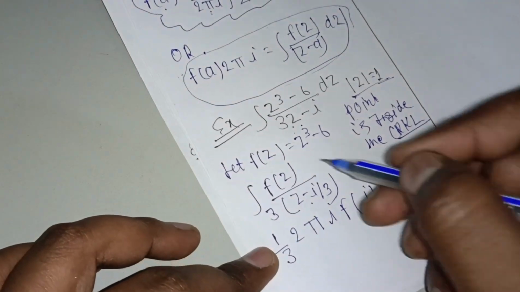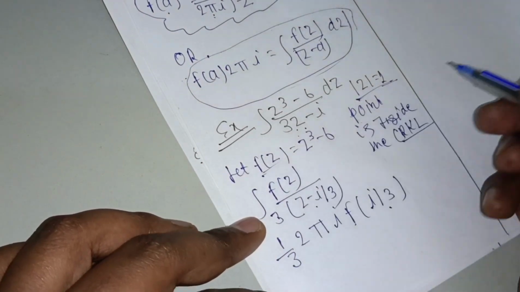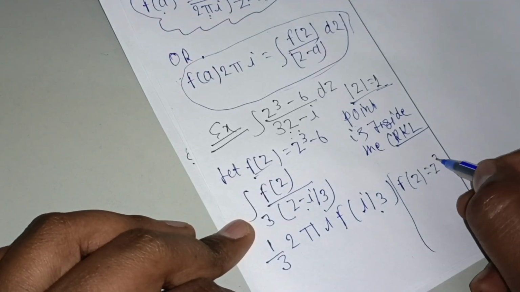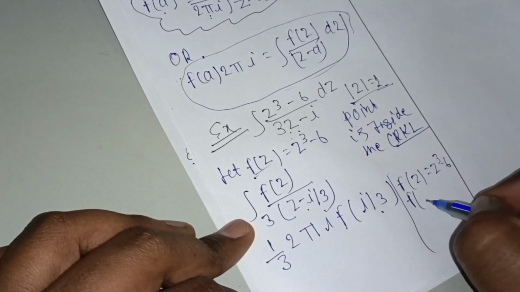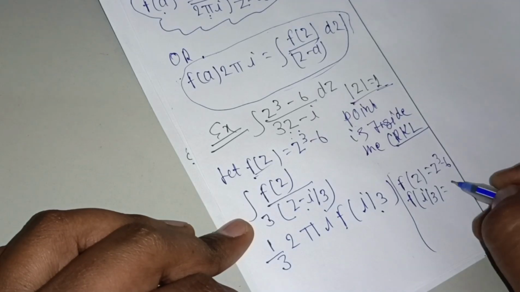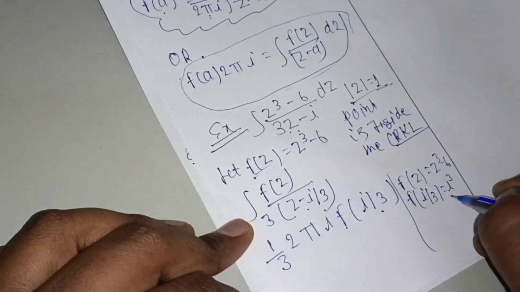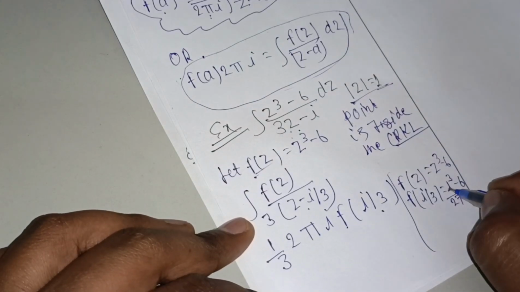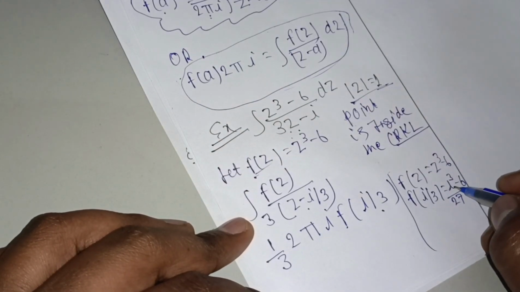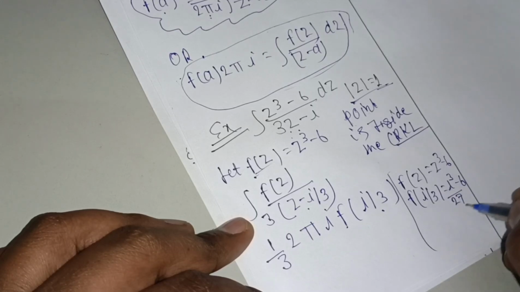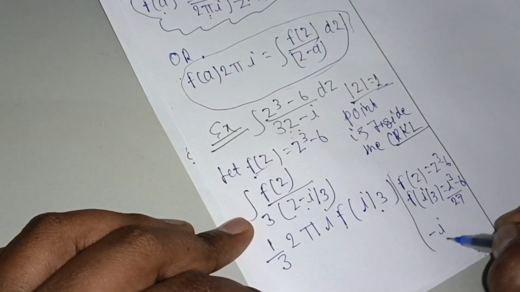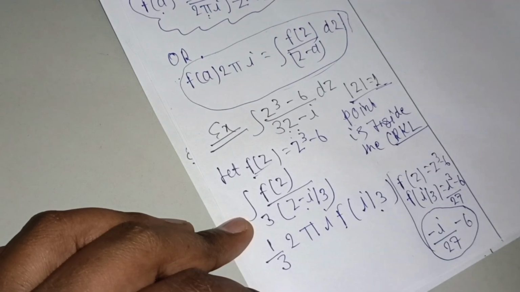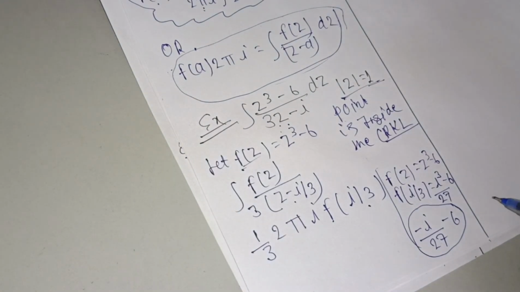Okay, so now let's see. Here f of z is equal to z cube minus 6. f of i by 3 is equal to i cube by 27 minus 6. i cube is i square times i, and i square is minus 1, so minus i by 27 minus 6.